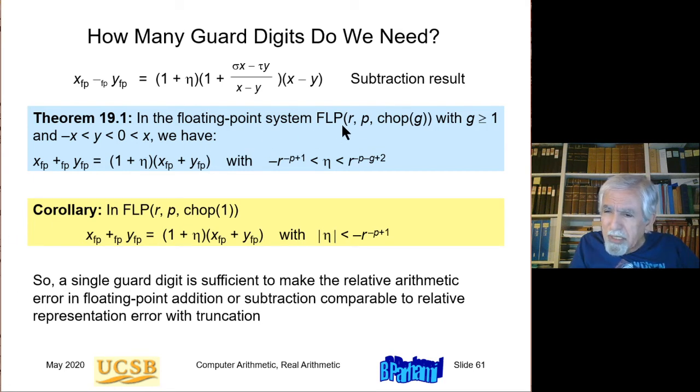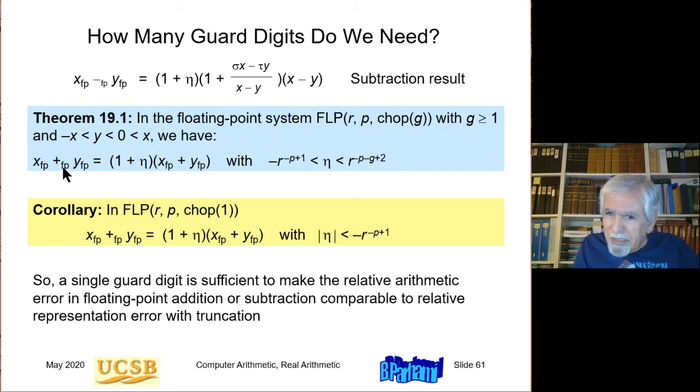In the floating point system, radix r with p digits of precision and chopping with g guard digits as the approximation method, in other words, all intermediate results have g extra digits, and they're chopped beyond that, then the result of floating point addition is 1 plus eta times the exact sum of the floating point numbers.